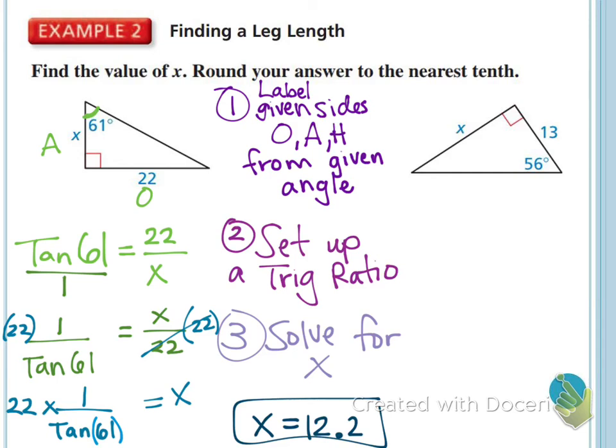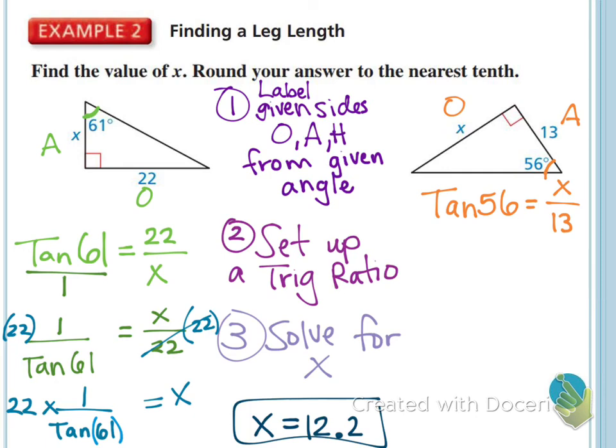But sometimes, most of the time, it'll look like this next one. We have 56. We're going to label everything from the perspective of 56. What kind of side is x? Opposite, and 13 is adjacent. So which trig ratio are we going to use? Tangent. Tangent of 56 equals the opposite, which is x, over the adjacent, which is 13. Do I need to flip this one?